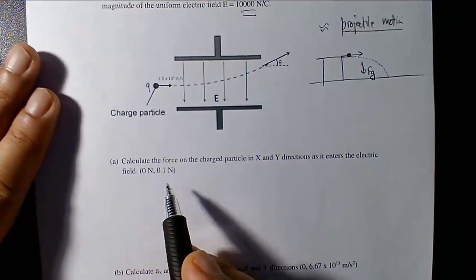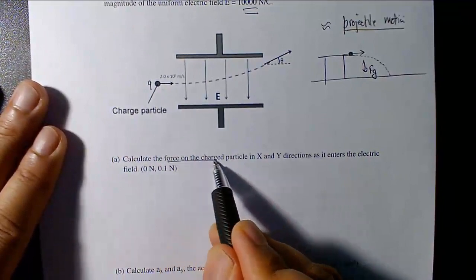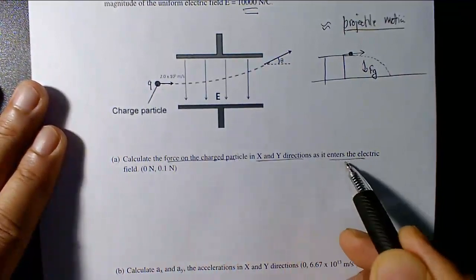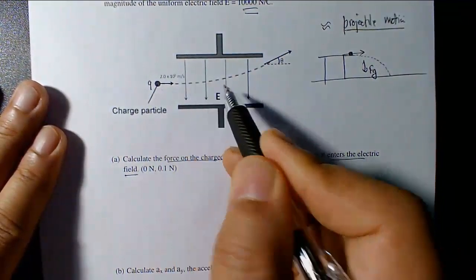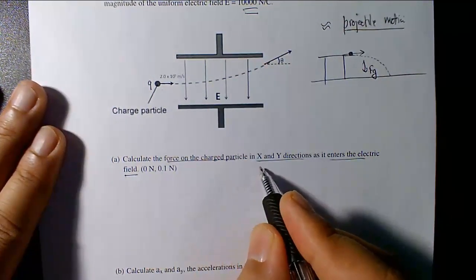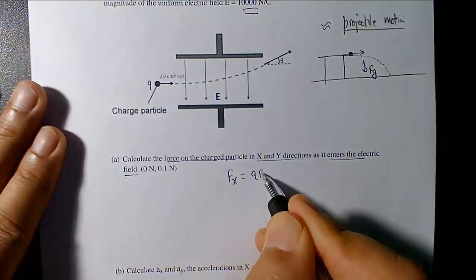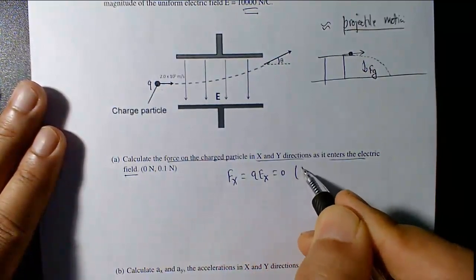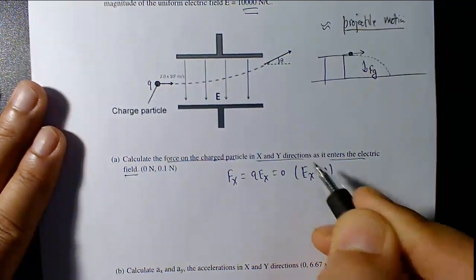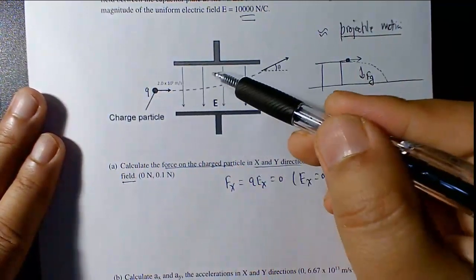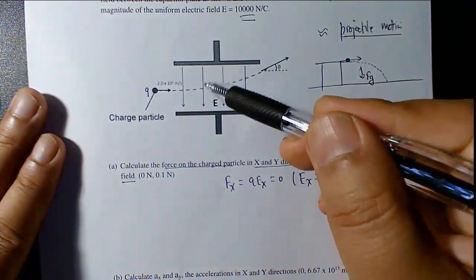The first question: calculate the force on the charged particle in the x and y directions as it enters the electric field. Here are both the x and y component forces. The x force is Q times Ex, which is 0, because there's no electric field in the x direction. The uniform electric field is all vertical.